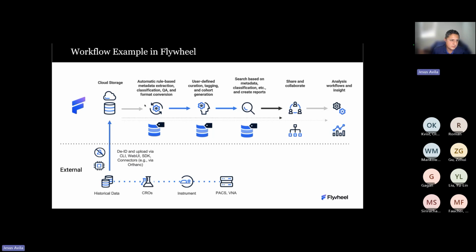Once it's in Flywheel, again, this is just a sample workflow, you can do automatic role-based metadata extraction. You can classify it, do some QA, and you can do some format conversion.